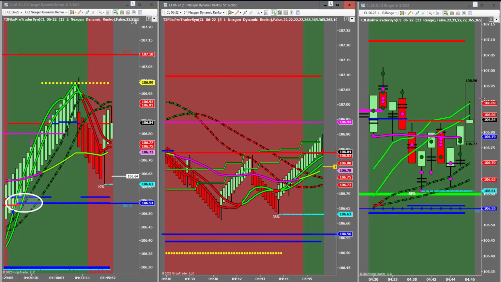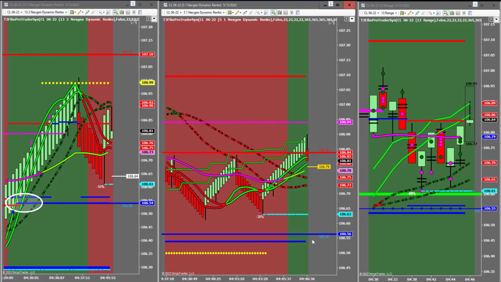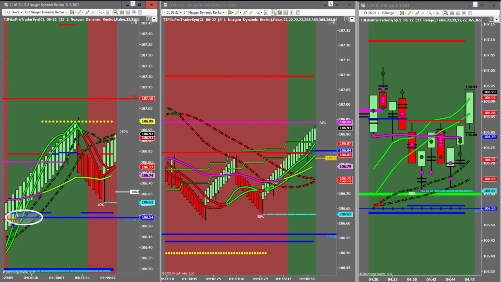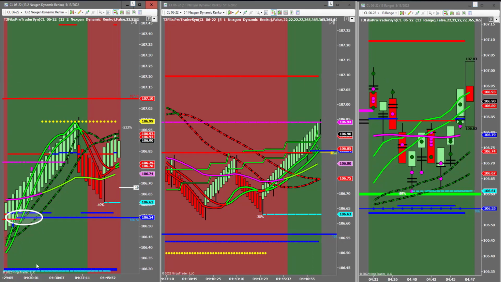Now, tempted to do continuation long because all of my triggers on the 13 are up, and again, this is where people get in trouble. Look at my 13-2 chart.